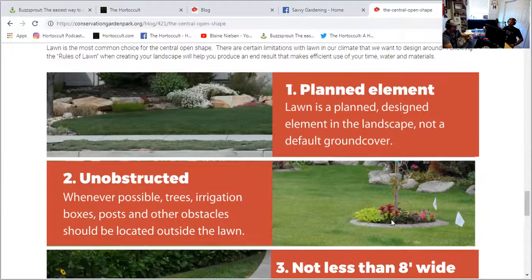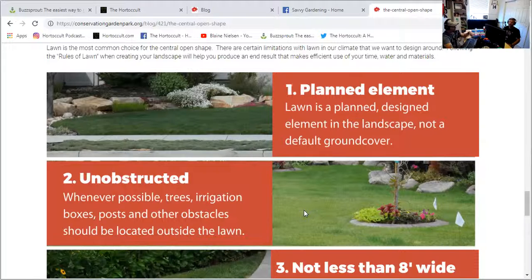Because how are you watering this? You're just watering all with the grass. Exactly, and that's exactly what you're not supposed to do, because this stuff in here does not need that much water. So rule of thumb is, whenever possible, keep those things out of the lawn. So create a border and put that stuff in it.